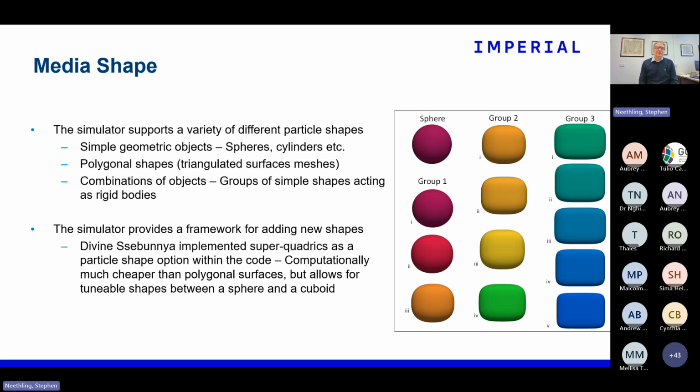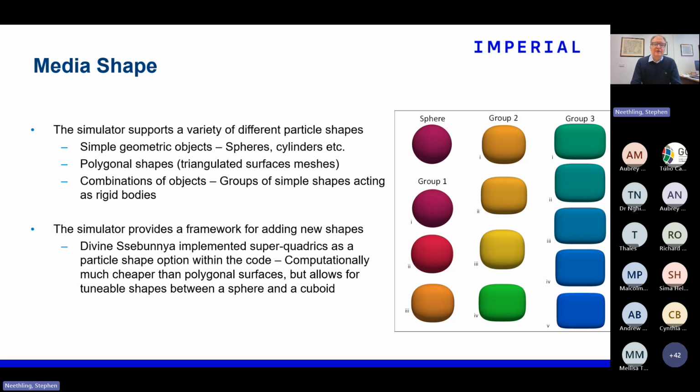So the simulator that I've written supports a variety of different shaped particles. You can have simple geometric objects like spheres or cylinders, polygonal shapes, so triangulated meshes, or a combination of objects. So you could, for instance, do a particle which is a combination of spheres, where those spheres move together as a rigid body. But Divine has extended the simulator to be able to do superquadric shapes.